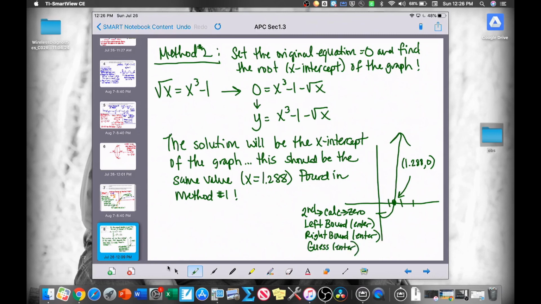And it gave us that ordered pair, which again was the same answer, that x equals 1.288, that we found in our first method. So both of these are effective ways of solving an equation that has two functions in it. You can graph them separately and calculate the intersection, or you can set it equal to 0 and calculate the x-intercept or the root.